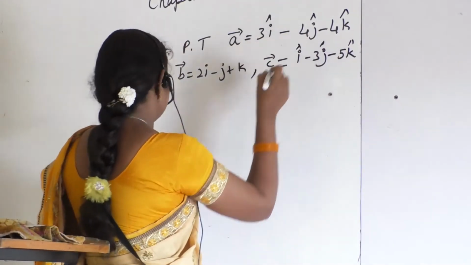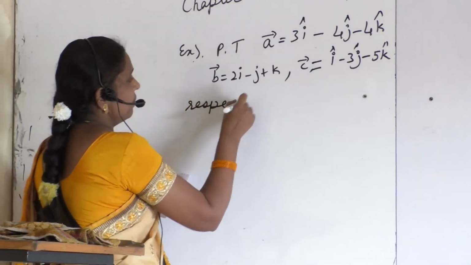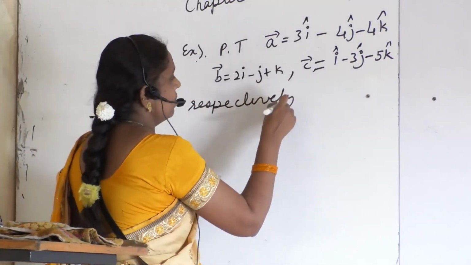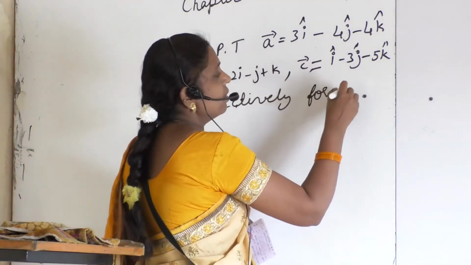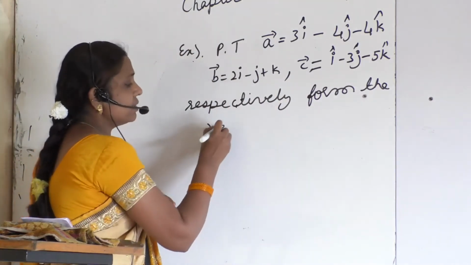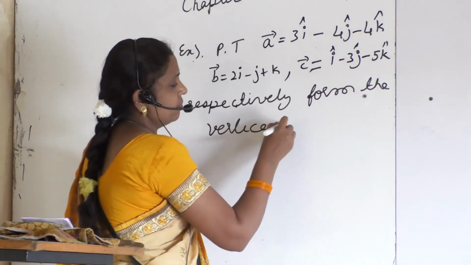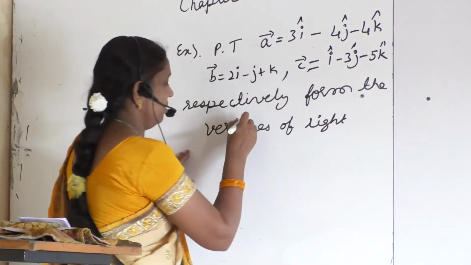This is the question: prove these 3 respectively form the vertices of a right angled triangle.